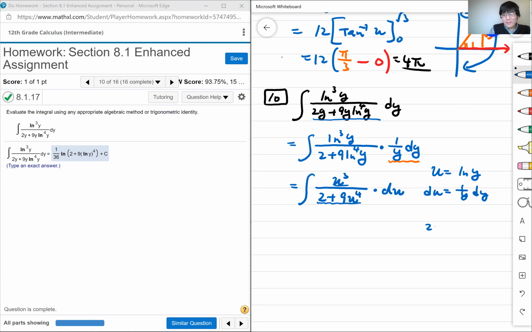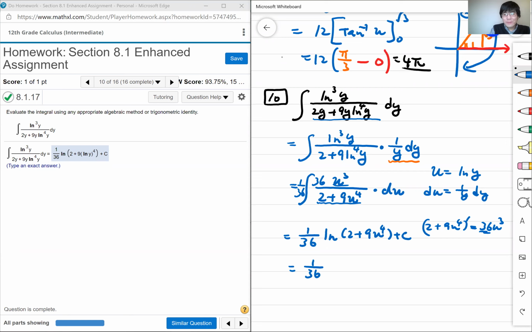The derivative of this is equal to 36u cubed. We don't have a 36 here, but we can multiply top and bottom by 36. So now the numerator is the derivative of the denominator. So it's going to be 1 over 36 log of 2 plus 9u to the power 4 plus c.